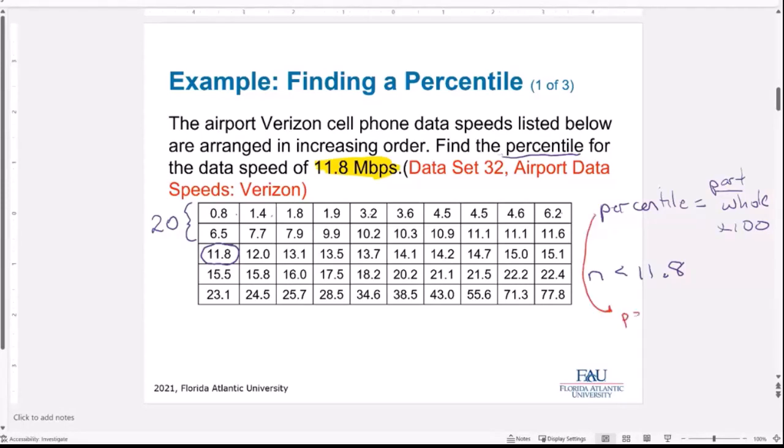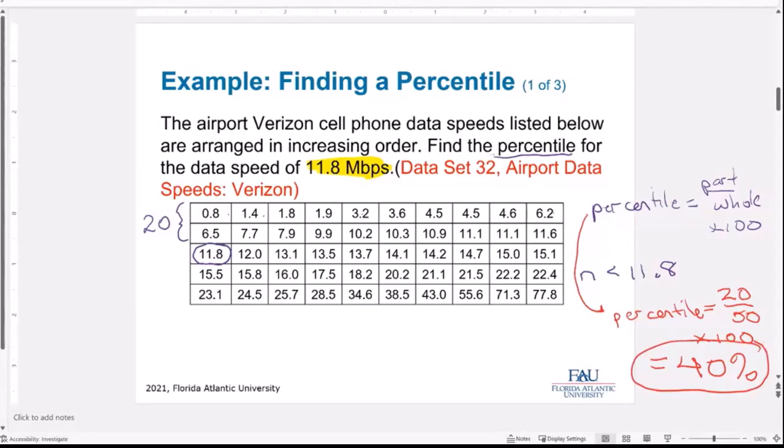My percentile is equal to the part, which is 20, divided by the whole: if each row has 10 and I have 5 rows, the whole is 50. I multiply that by 100. I get 40%. The percentile for the data speed of 11.8 is 40%. I don't count that number because I'm looking for numbers less than 11.8.